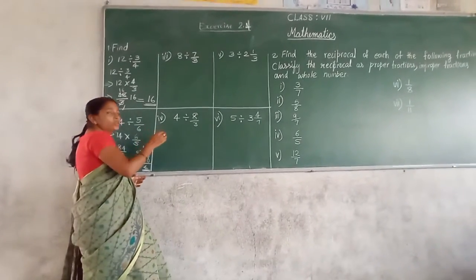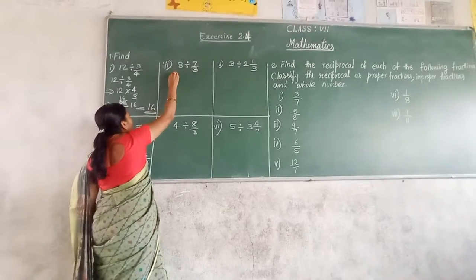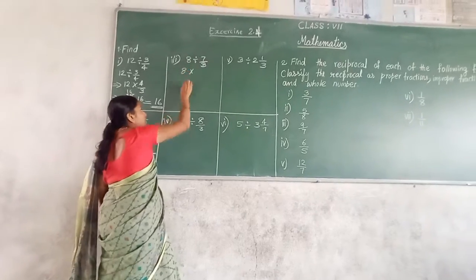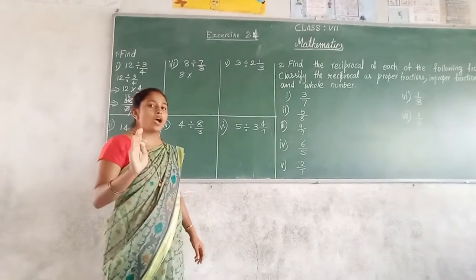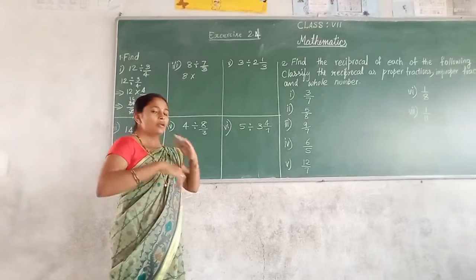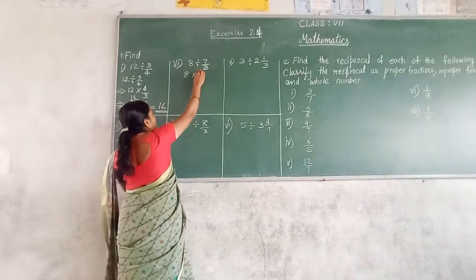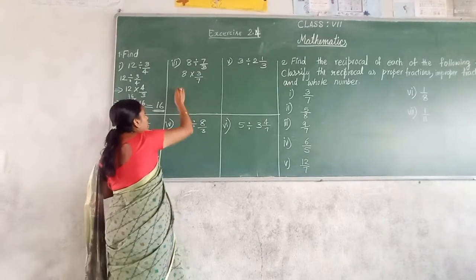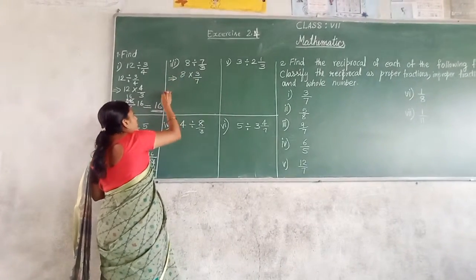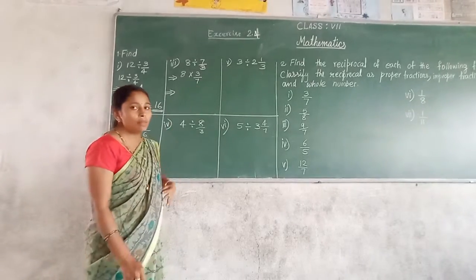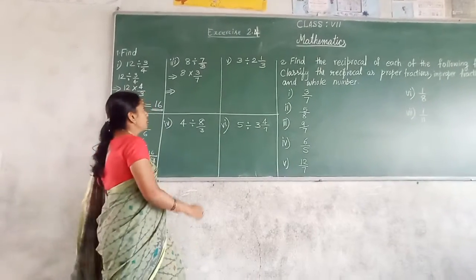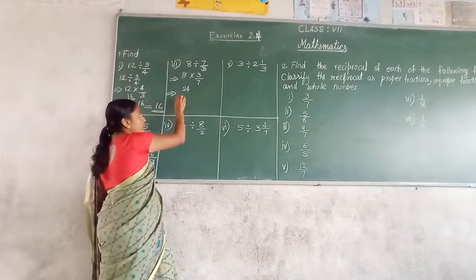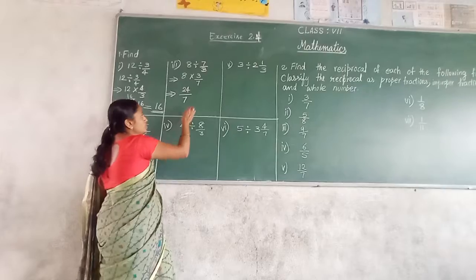Now let us switch on to the third question. Here the third question is also the same way. Let us replace the symbol with multiplication. To replace, you have to write the reciprocal. It means opposite. The numerator becomes the denominator, and the denominator becomes the numerator. The second step is whole number with fraction multiplication. So 8 threes are, you have to multiply with the numerator. 8 threes are 24 upon 7.